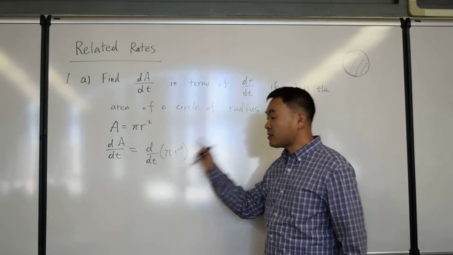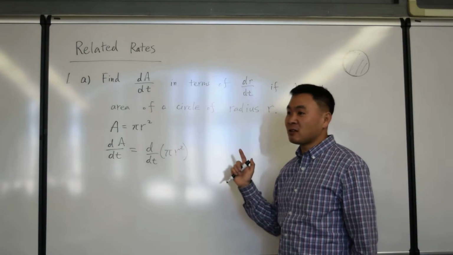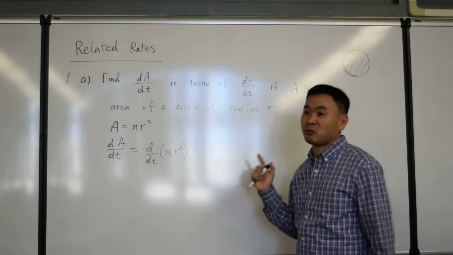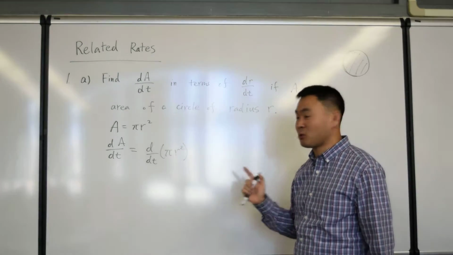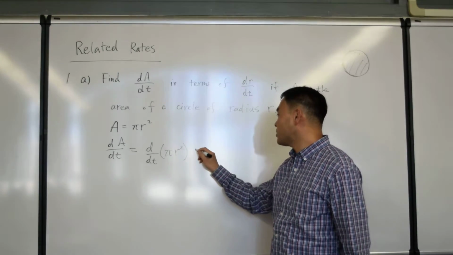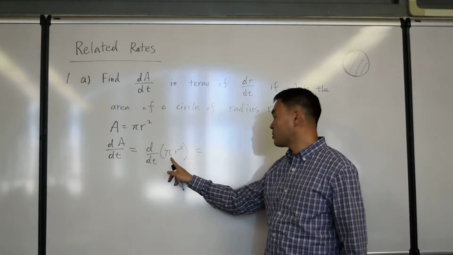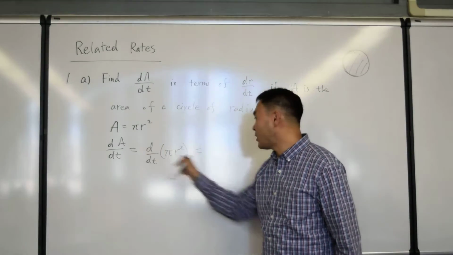Okay? So as long as you keep that in mind, then you realize all you have to use is the chain rule, really. If you know the chain rule, you can solve this. It's that easy. Okay, so let's try this. Let's try to compute the right side. First, pi is a constant multiple. I can pull it out.